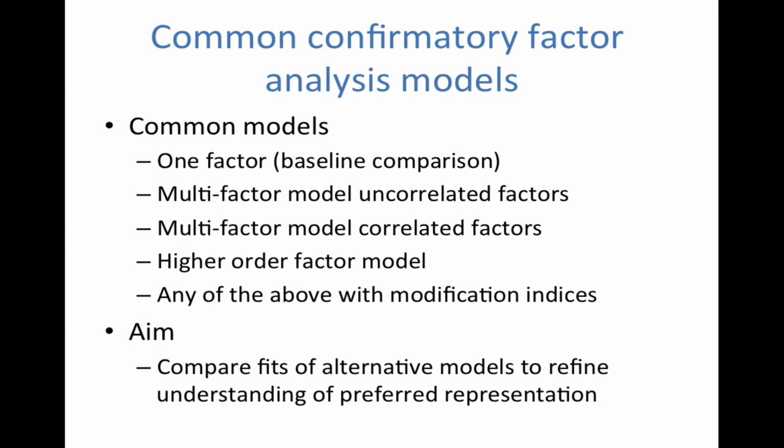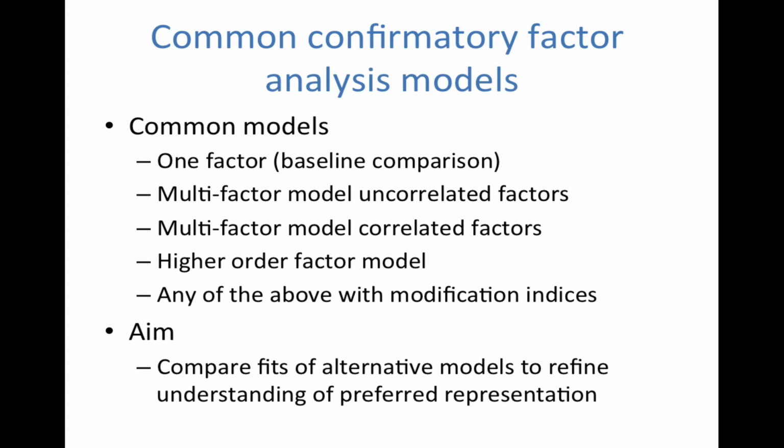You can look at the question about whether latent factors are correlated. You can look at whether there's a higher order factor model that might be explaining relationships between factors. And you can also tweak things by adding cross-loadings. Like when you see an exploratory factor analysis where an item loads on more than one factor, you can add those additional pathways.